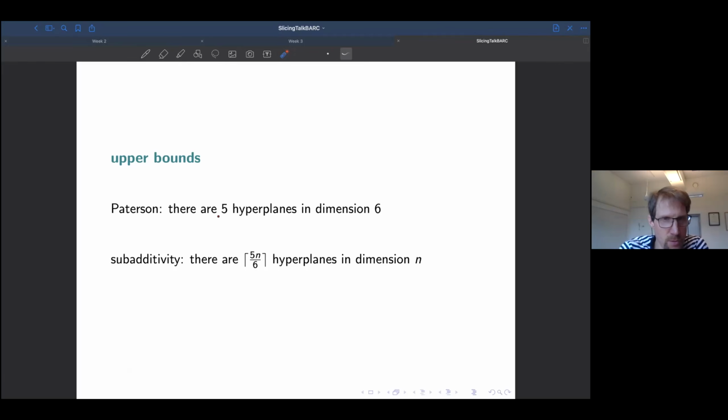And if you find good slicings, would you also expect them to give better threshold circuits somehow, or better something else? I would guess the answer is no.